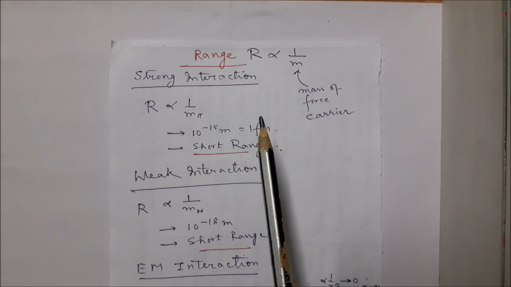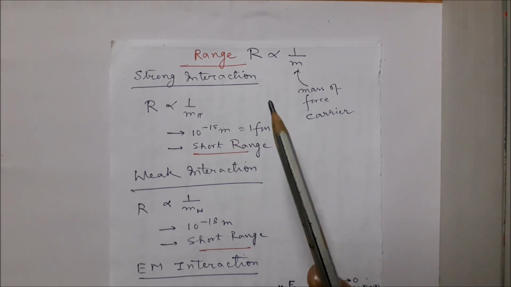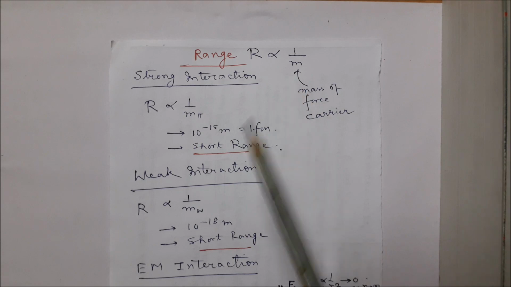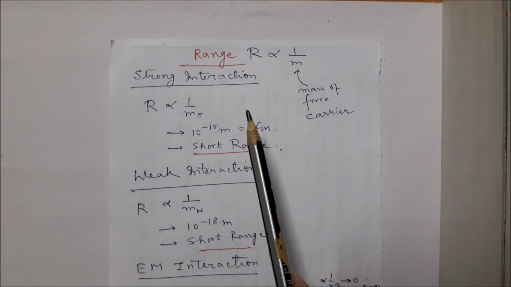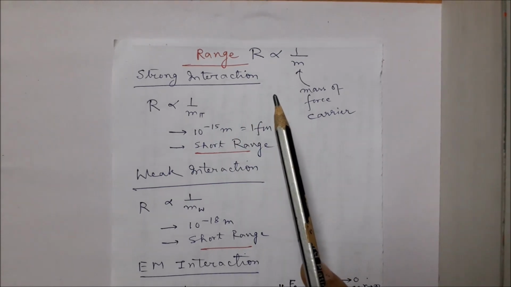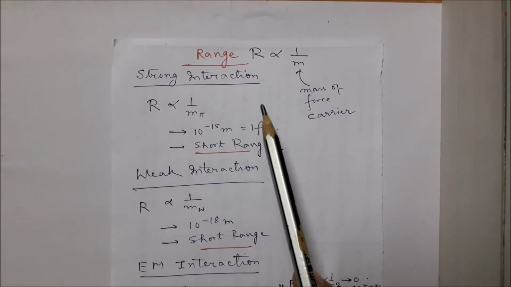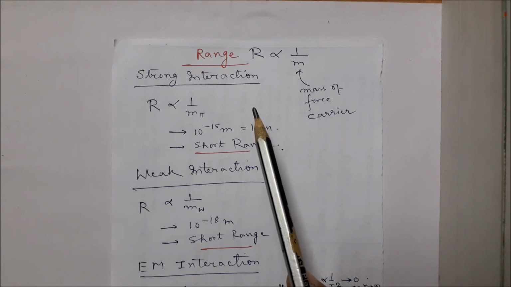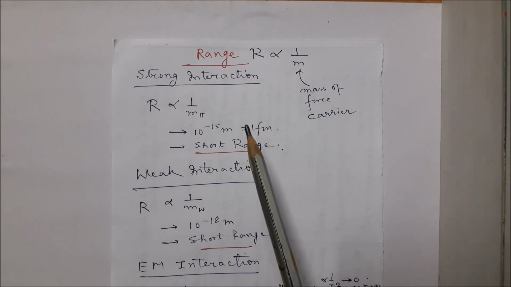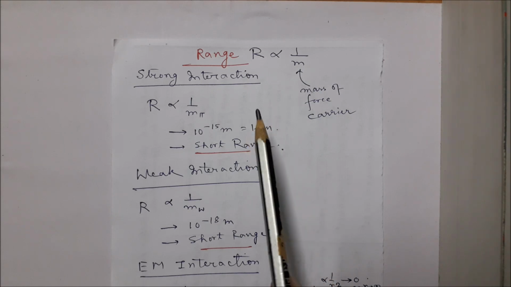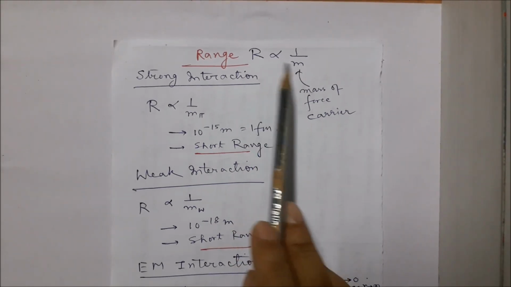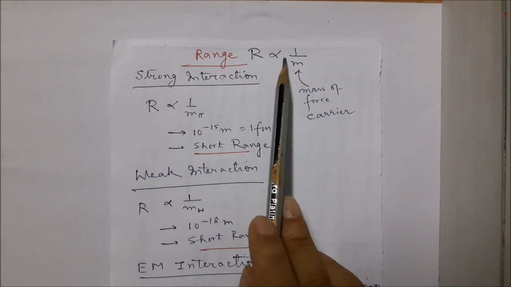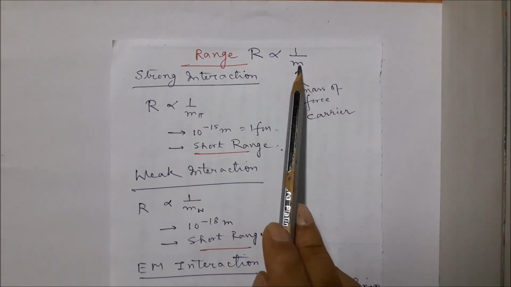The source will be able to exert its influence up to a larger distance if the virtual quanta can travel a large distance. And this is possible if the quanta has low mass. So one can relate the range and mass through this relation. Range should be inversely proportional to the mass of the carrier.